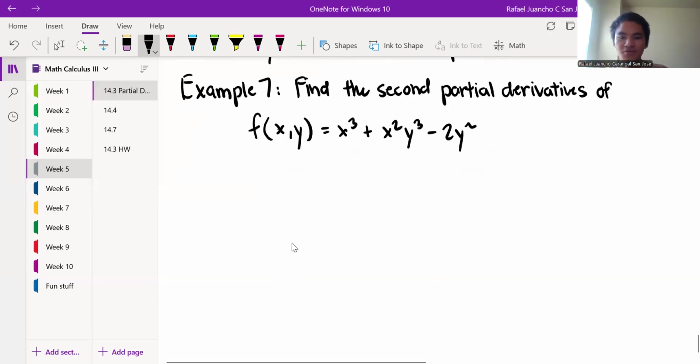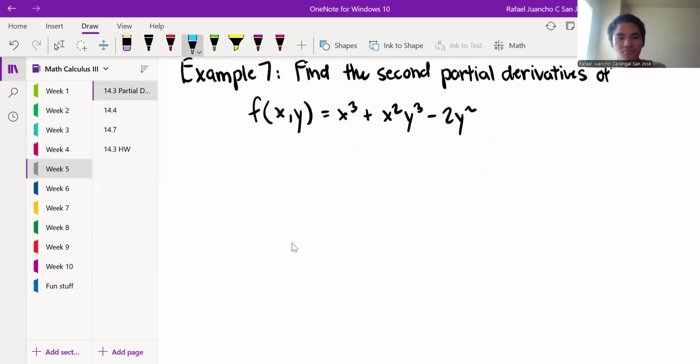Okay, let me do the first one. So let's try f sub x and f sub y. So what's f sub x? We take the derivative, we make y a number. We make x a variable. So let's do it. We have 3x squared.